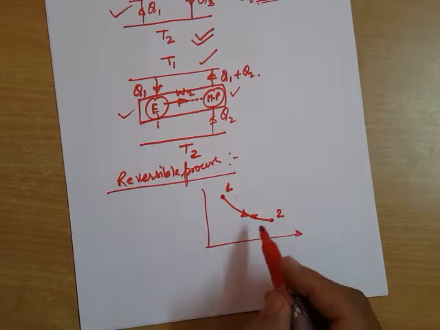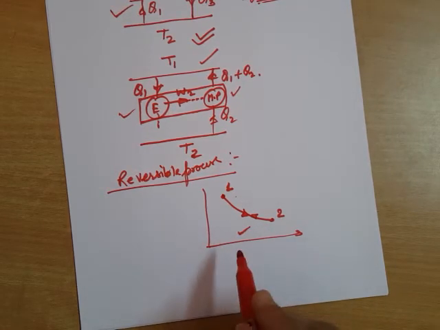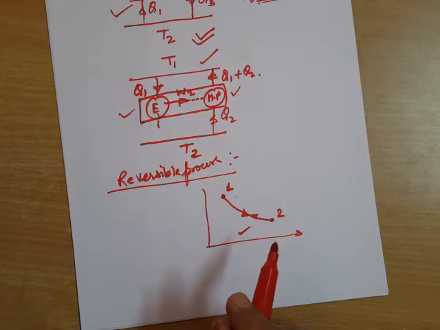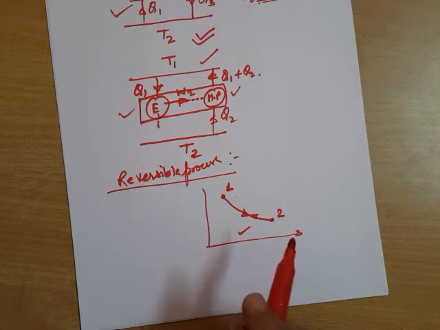If this is happening, then we will say that the process performed by the system is a reversible one. Or in other words, if the system leaves no trace of its existence, no trace of its path, that is, as if the process had never occurred, then that is a reversible process.